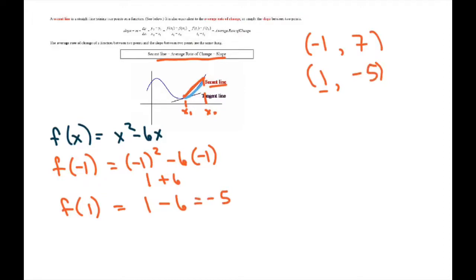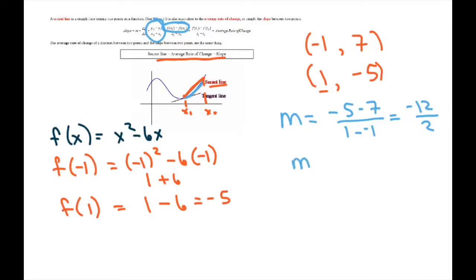All right, so now that we have our top portion, just use your slope formula. So -5 minus 7 divided by 1 minus -1. That's going to be -12 divided by 2, which is -6. So we have m equals -6.